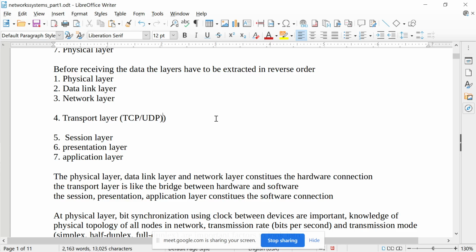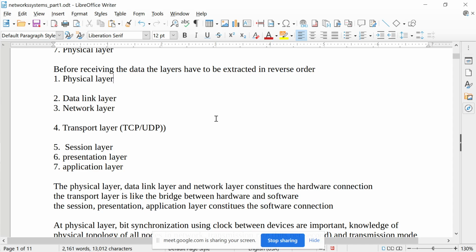So every layer, in order to talk to the other layer, let's say one physical layer on one device wants to talk to another physical layer on another side. So this is one language, physical language, you can say. Another language, data link language. Third language is network language. Fourth is your transport language.